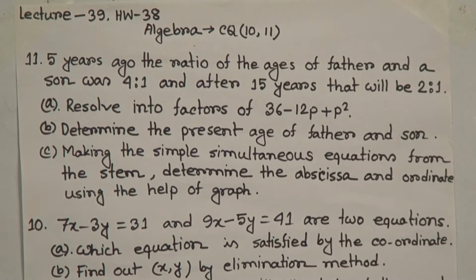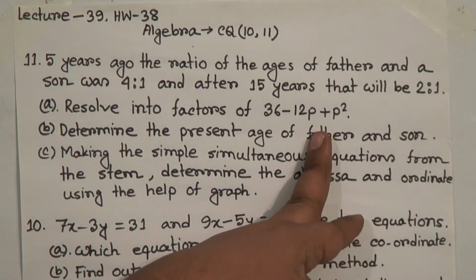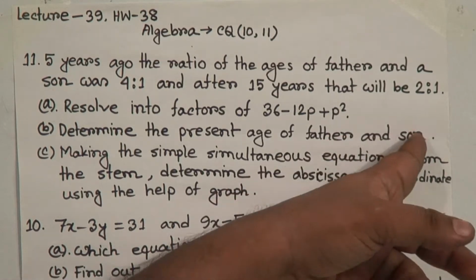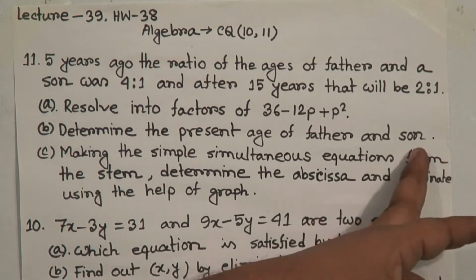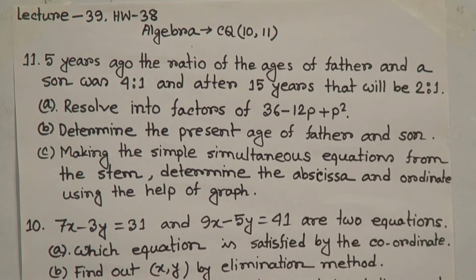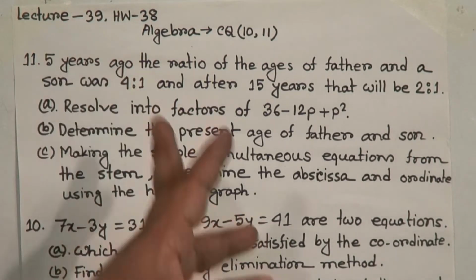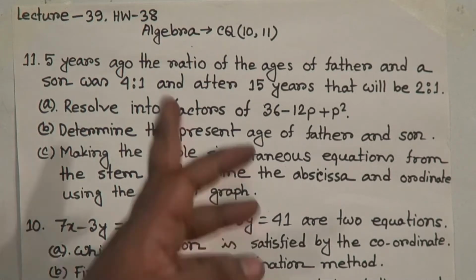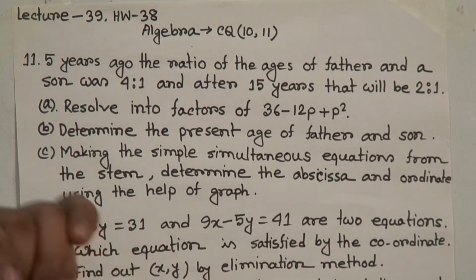For this reason, we consider the present age of father is x years, and the present age of son is y years. So 5 years ago, the age of father will be x minus 5, and 5 years ago the age of son will be y minus 5. After that, the ratio is given, then we solve the first condition.